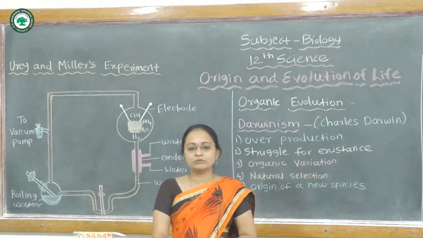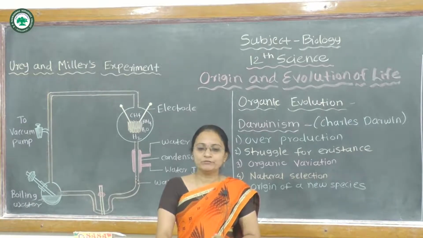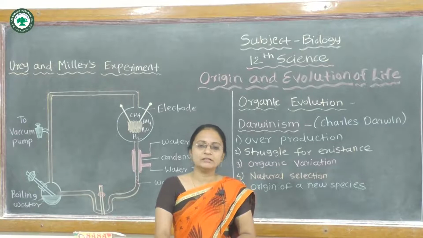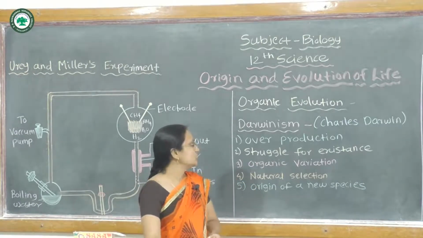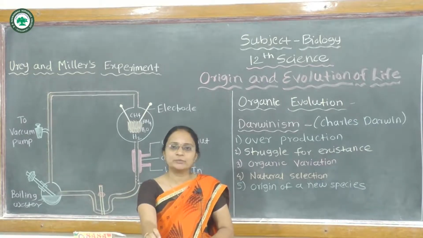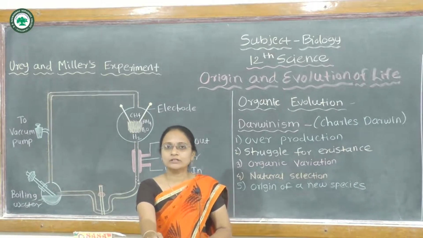Gradually these adaptations with a few modifications become fixed in the life cycle, and finally new species formation takes place. These postulates Darwin explained in his theory of organic evolution.